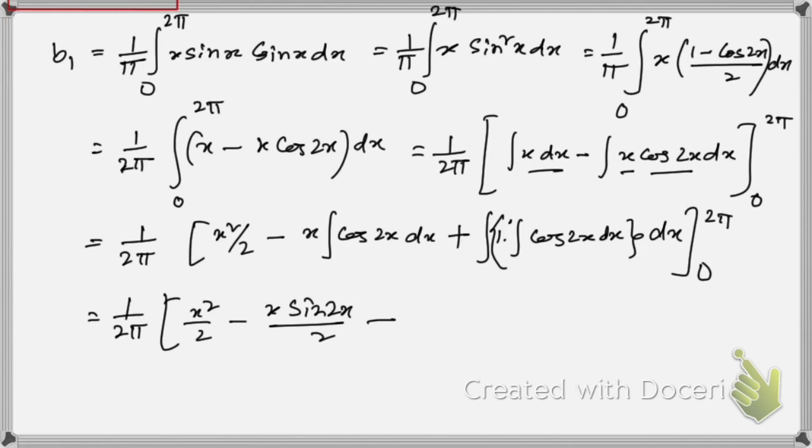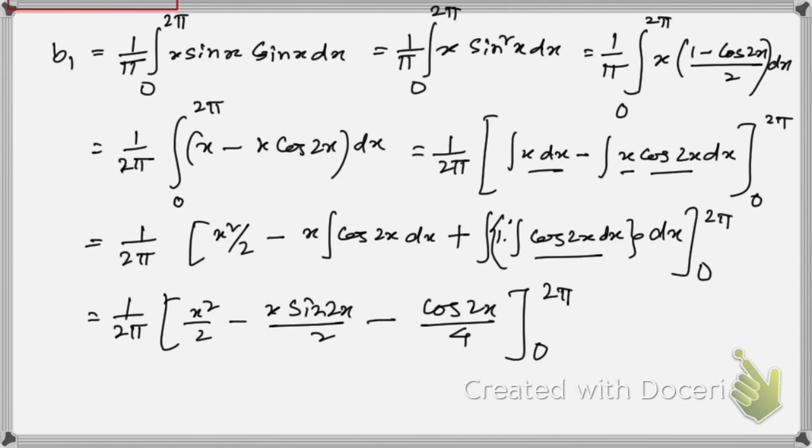So minus, if you integrate it once, then you should get sine 2x by 2. And if you integrate this again, because there are two integrals, you should get cos 2x by 4. That's what you will get, right? So 0 to 2 pi.